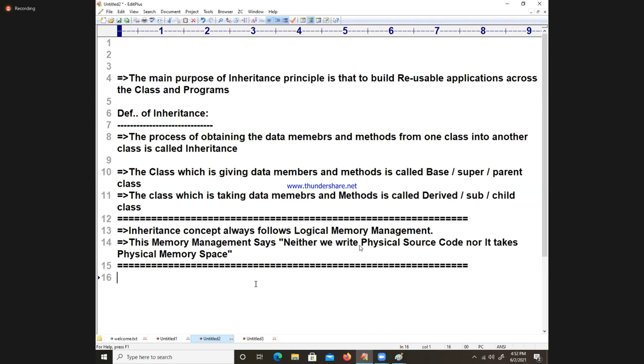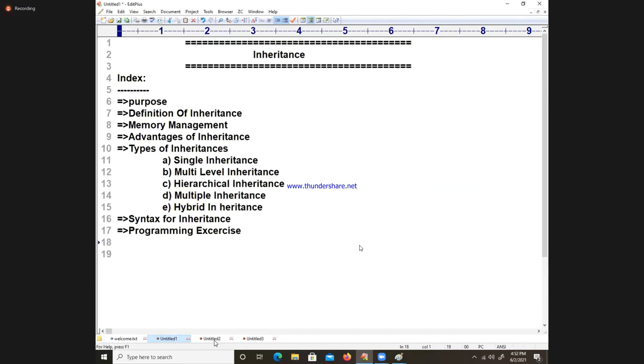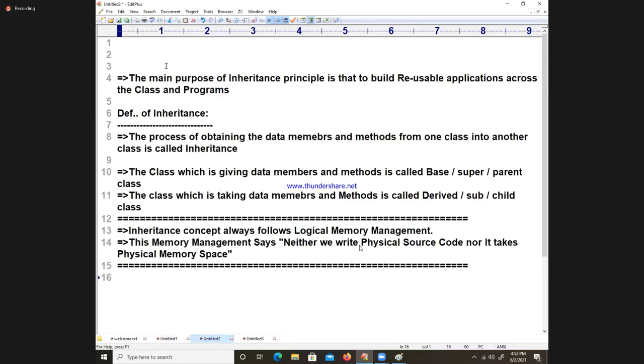Inheritance concept uses classes, objects, abstraction, encapsulation, everything will come into the picture. So for my satisfaction, the main purpose of inheritance is to build reusable applications across the classes and programs. Definition of inheritance done.